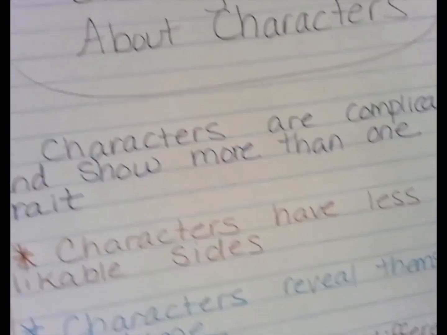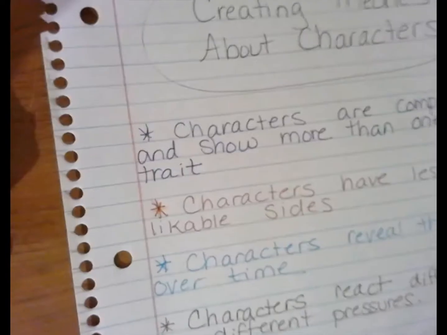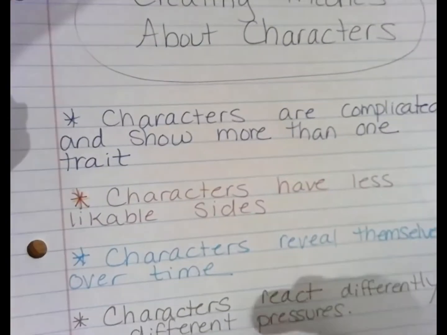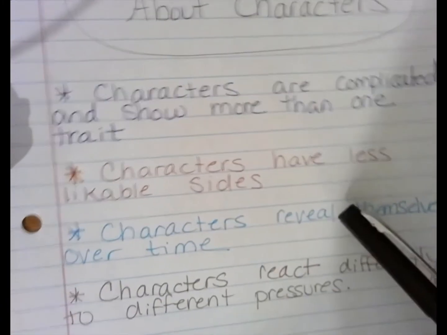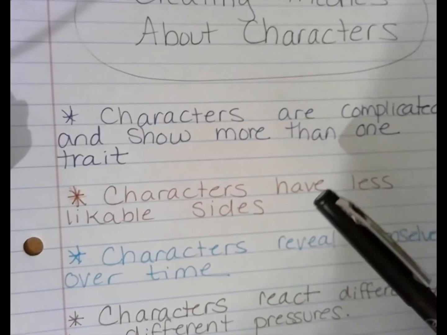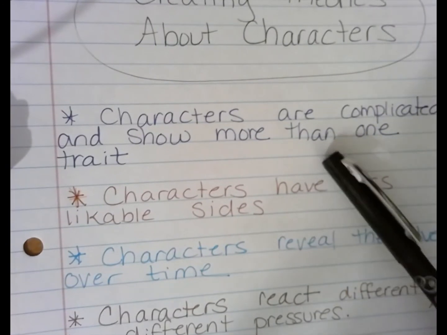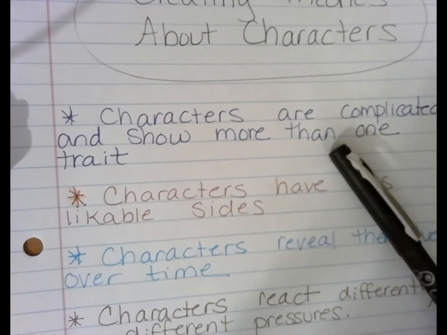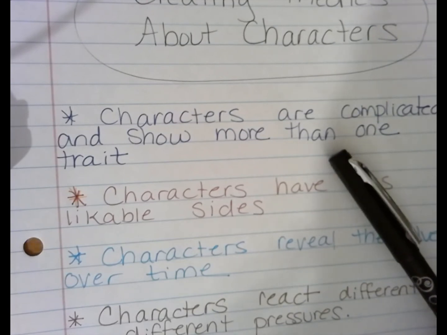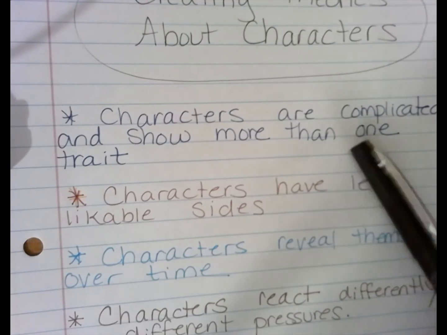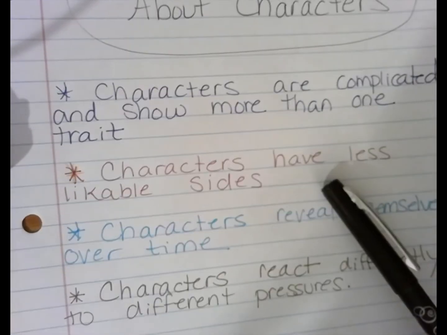So as a review, we've looked at how characters, I apologize for this, I'm still trying to figure out the document camera. Characters are complicated and show more than one trait. Like Luke is timid and he's cautious. He has low confidence, but he's also starting to show some rebellious and reckless behavior.